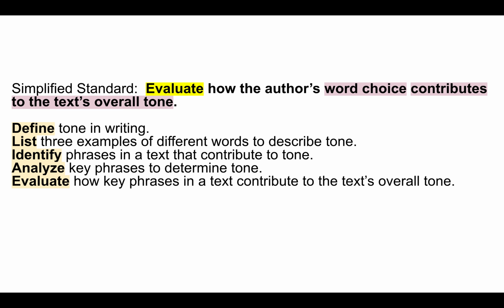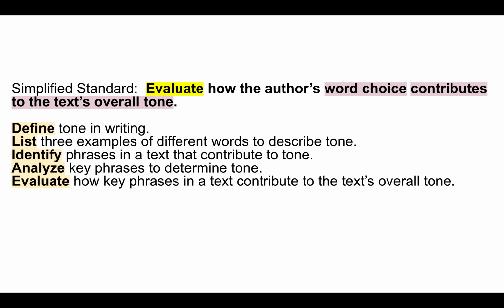Notice I have that 3 examples, so that makes it just extra measurable, and we like our objectives to be something that we could measure, especially when they're in that lower level of Bloom's taxonomy. Then going up, we could identify phrases in a text that contribute to tone. So before we can evaluate how key phrases contribute to tone, they need to be able to find key phrases in the text that have tone within them, right? So we're looking for, in this whole text, where is tone coming through strongest?